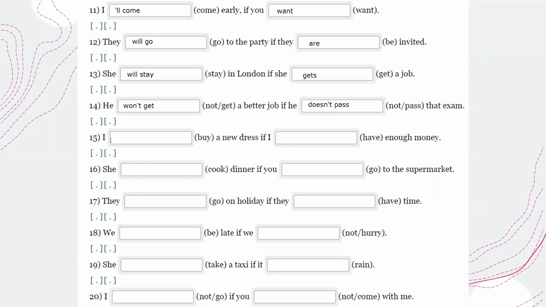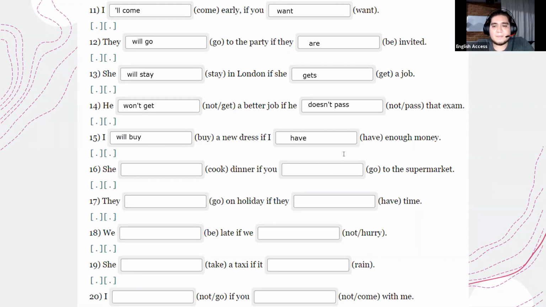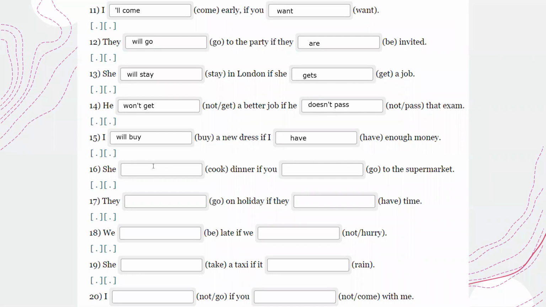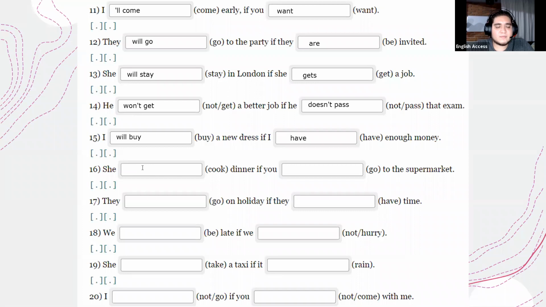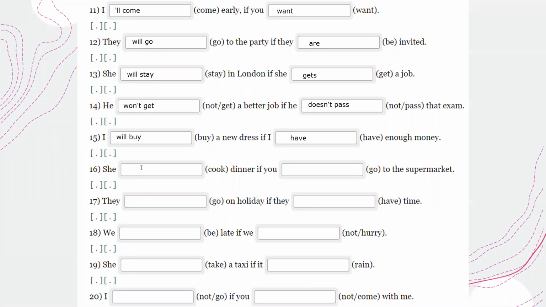I will buy a new dress if I have enough money. Enough, sorry. Yes. Perfect. 16. She will cook dinner if you go to the supermarket. Perfect.